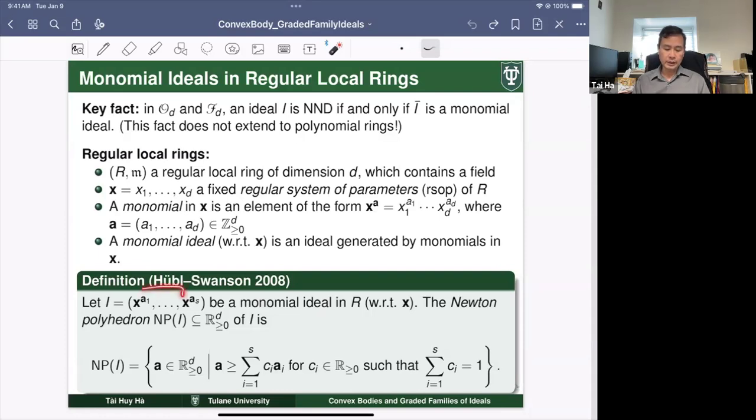So if we have an ideal that is a monomial ideal with respect to x, meaning it has a collection of generators that are monomials in x, then the Newton polyhedron of I is just the collection of all points that are greater than or equal to a linear combination of the exponents whose sum of coefficients is 1. So this naturally generalizes the notion of Newton polyhedron in a polynomial ring.